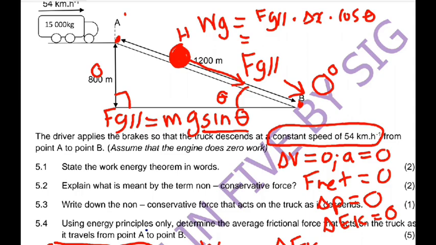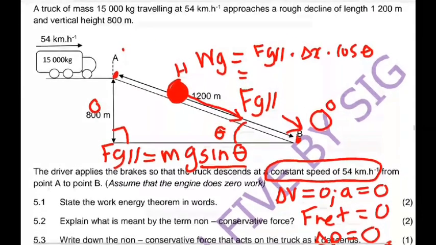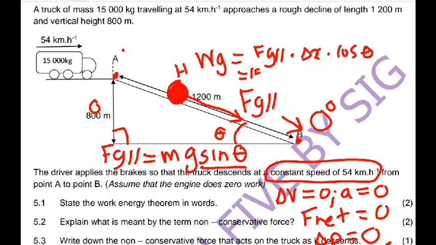Okay, so I can actually say, what is the mass of the truck? It is 15,000 times 9.8 times the sine of theta, which is the ratio of 800 over 1200, times the 1200 distance. The cos of 0 will give me 1.